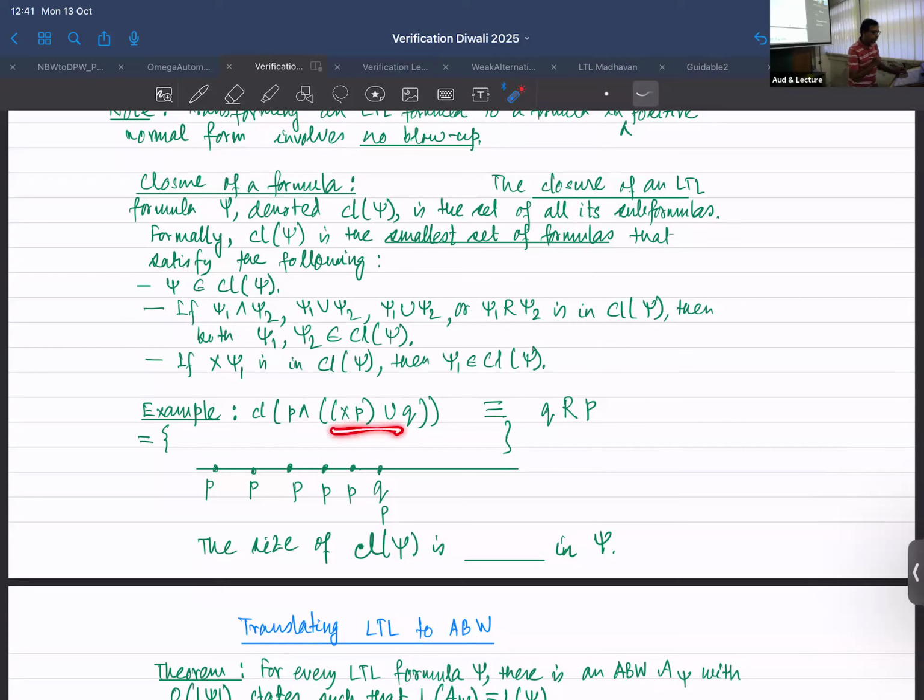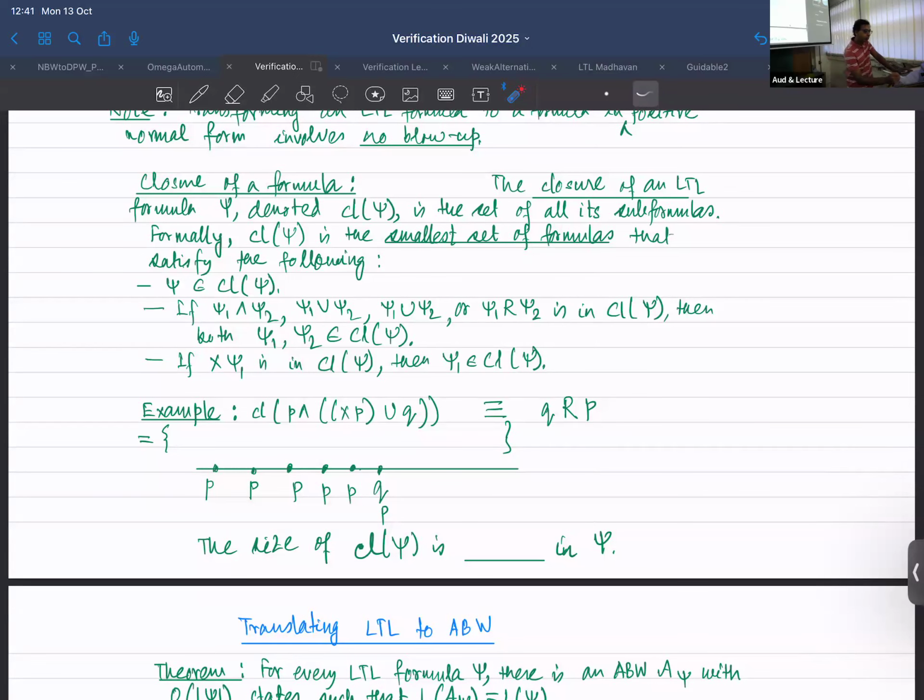So this is like the weak release, Q should appear at some point. This is not quite release, because Q release P can always say that P continues to hold true forever, and that satisfies Q release P.